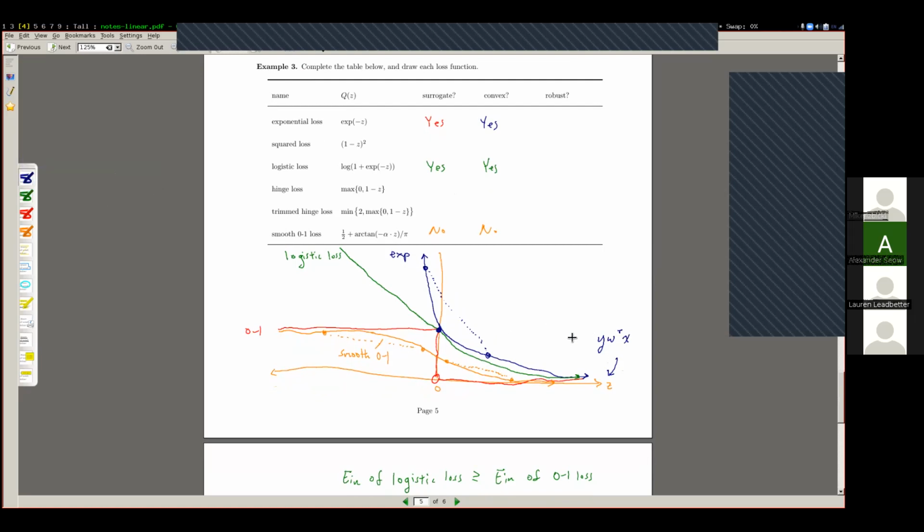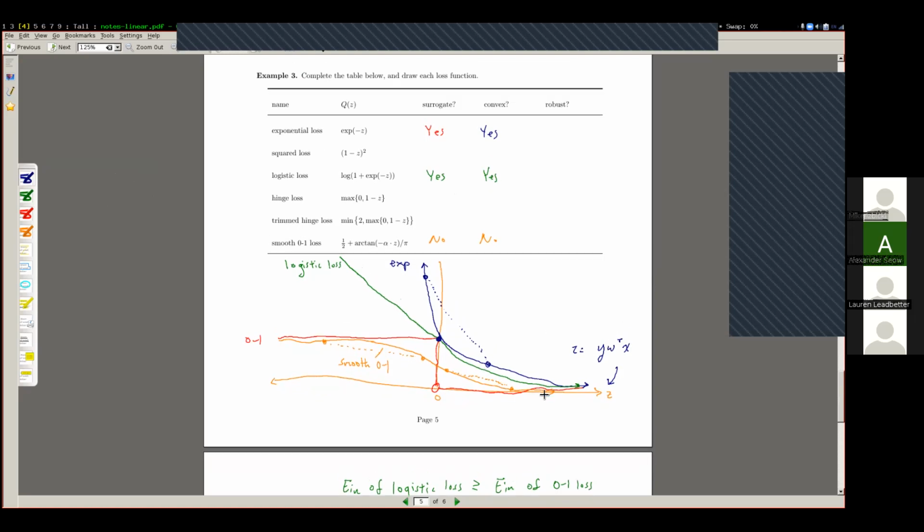That's what z is equal to. And so this is going to be a scalar here, and so the 0-1 loss is what we're applying to this scalar here to get this red line. This Q function up here is what we're actually plotting, that all these classification losses are somehow written in terms of this y w transpose x, and so we just plot them with the x-axis being this value right here.